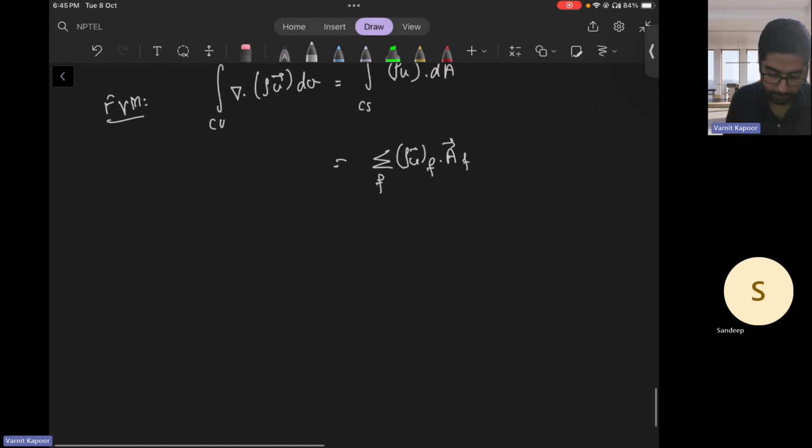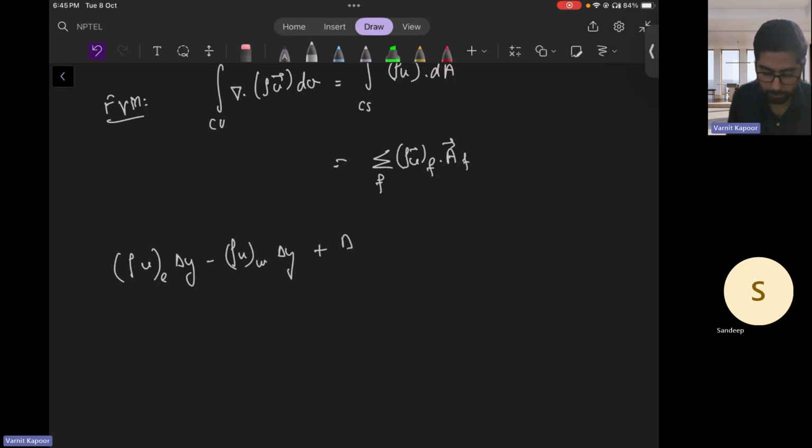So you can write it like this: ρu east Δy minus ρu west Δy plus ρv north Δx minus ρv south Δx equal to 0.